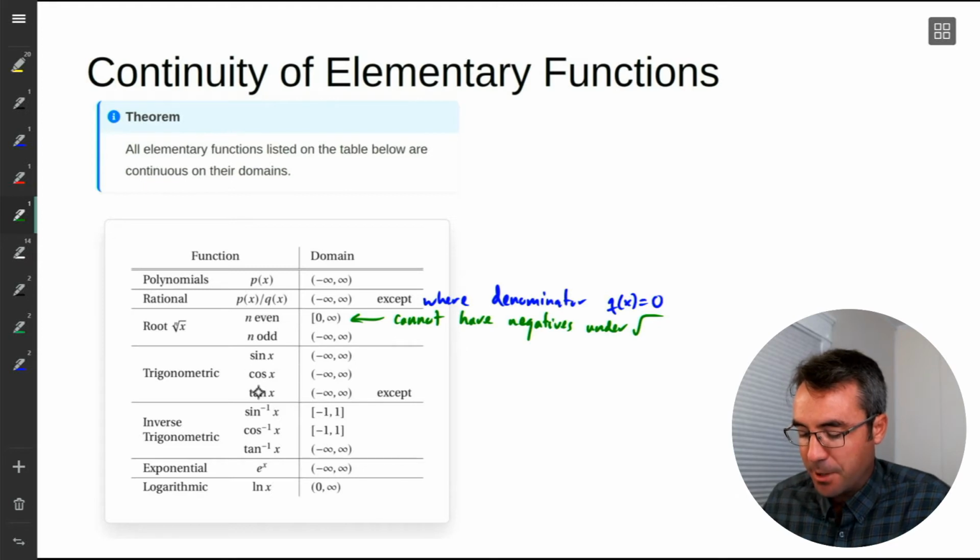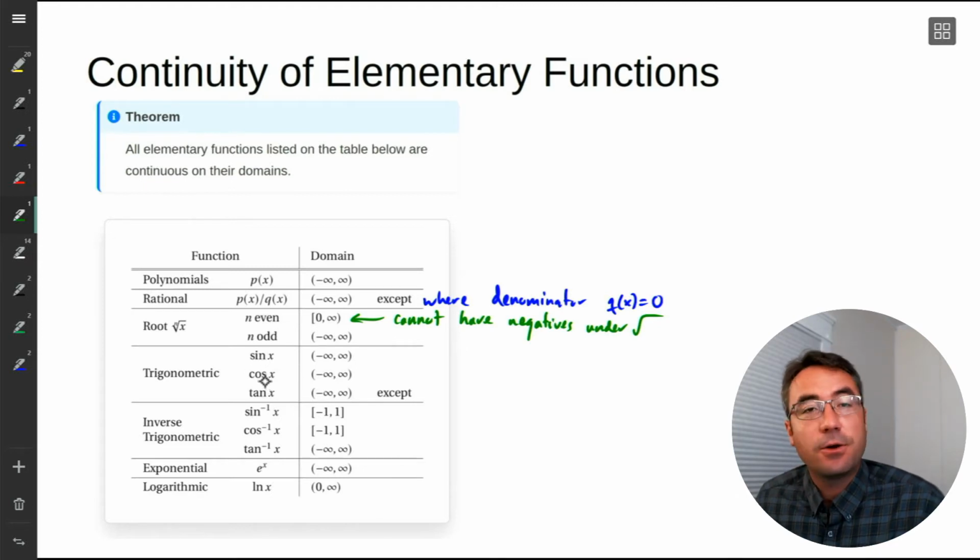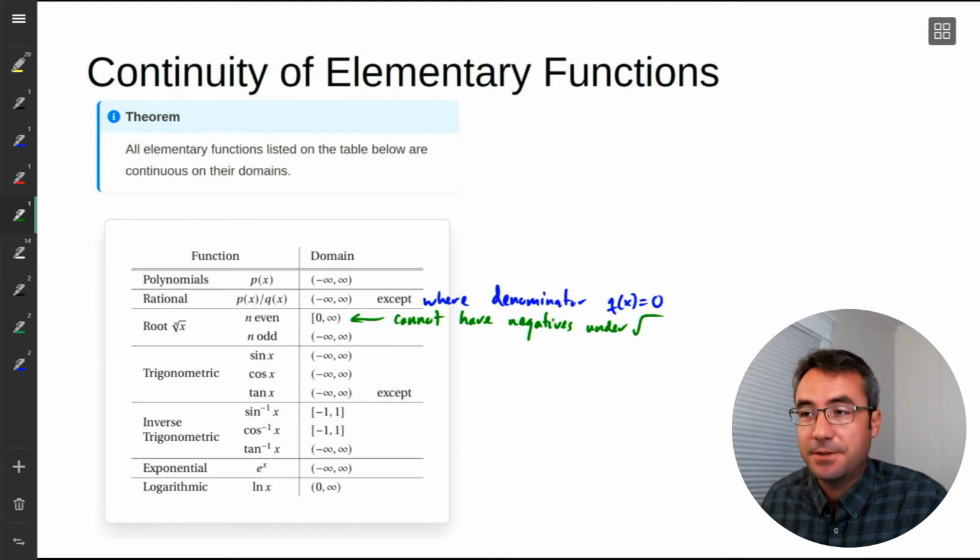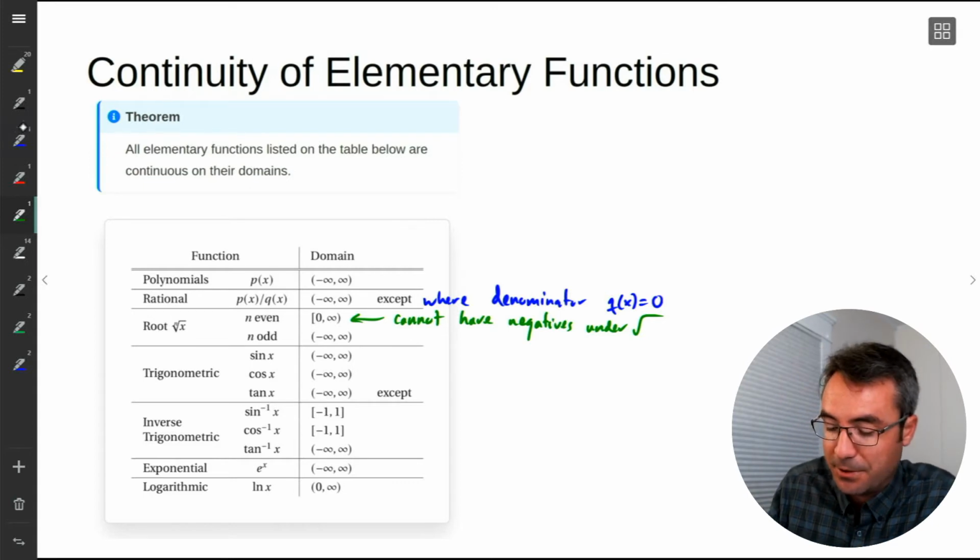All right, what about trig functions? Well, sine and cosine, very nice. They're always defined, so they're defined for all real numbers. Tangent, we know, is sine over cosine, so it's defined for all real numbers except where the denominator is 0, so except where cosine is equal to 0.